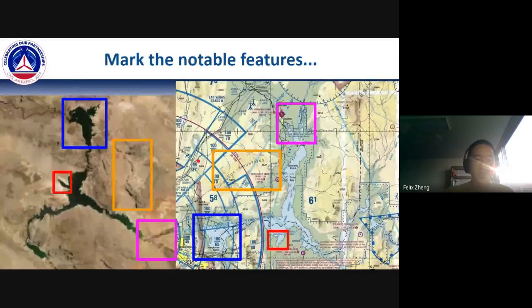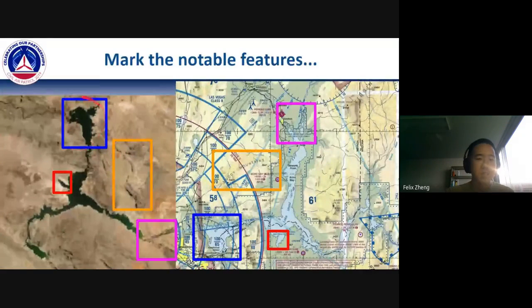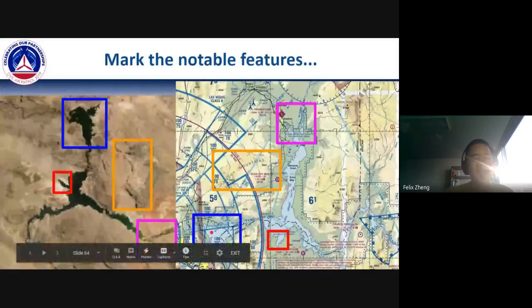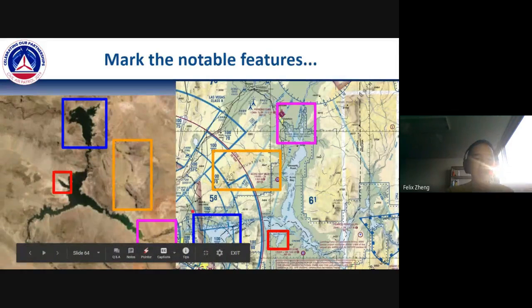What you want to do is make note of some notable features. We have this little triangle shaped thing marked in blue, and there's only one tip of the lake where it roughly looks like a triangle. So you mark that on your map. You notice there's a ridge line here in orange, and those are the Muddy Mountains.